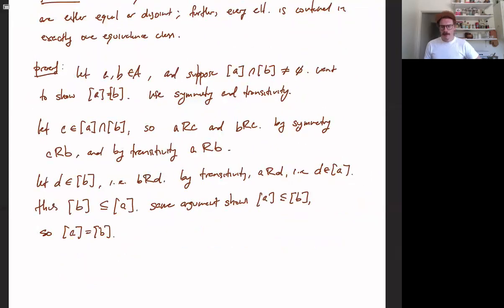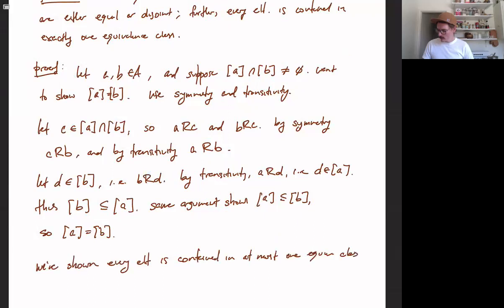To prove the second part, we've already shown, since the equivalence class of A and B is either equal or disjoint, that shows every element is contained in at most one equivalence class, since the intersection of distinct ones is empty.